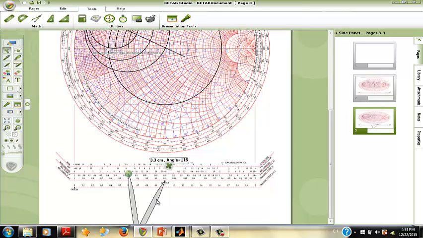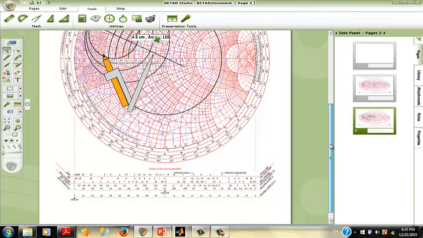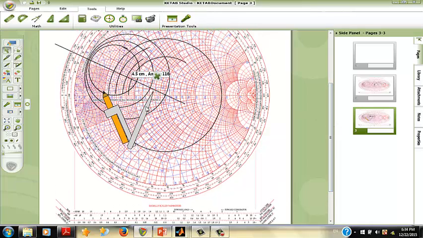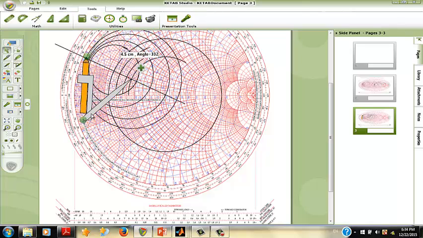The radius 0.556. Now we want to draw the -1 dB circle.